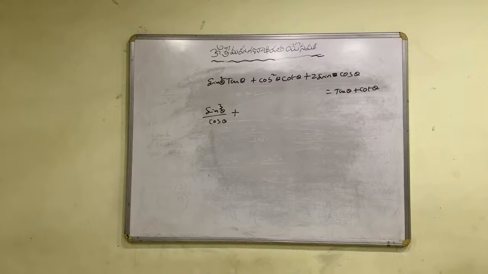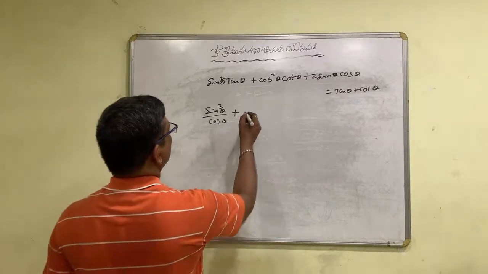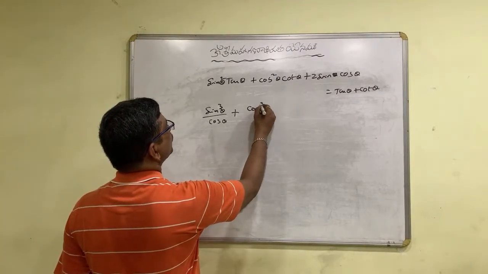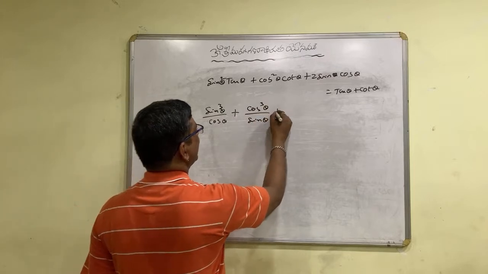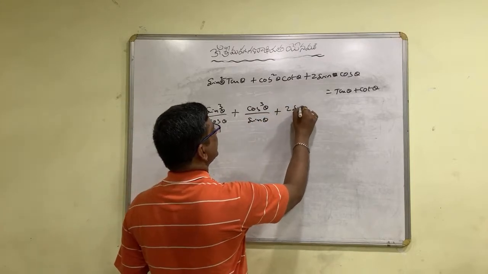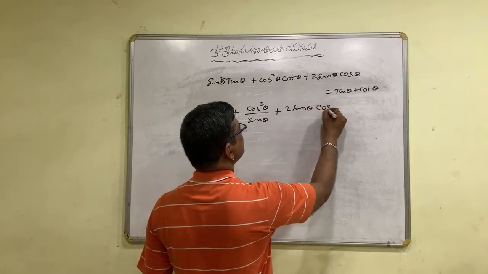Okay. Next, how can we write cos square theta into cot theta? It is cos cube theta by sin theta, plus 2 sin theta cos theta.